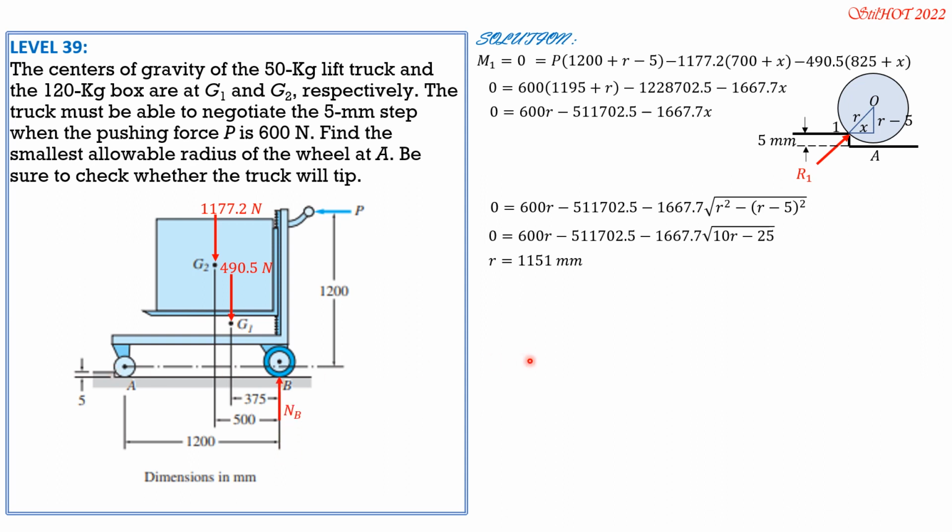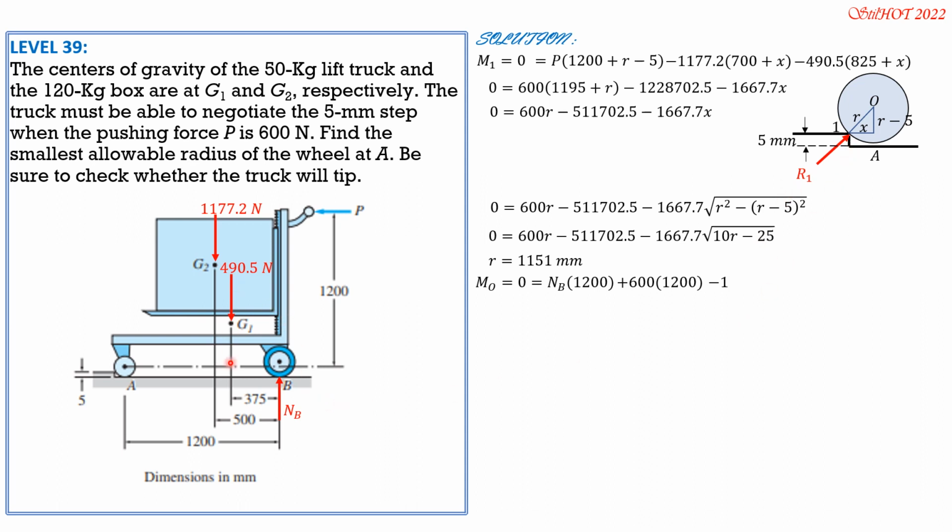So moment at O equals 0, and that is NB times 1200 minus 1177.2 times 700. There's no more R1 because we set moment at O to 0, and R1 passes through O also. Moment of R1 is 0 also there.